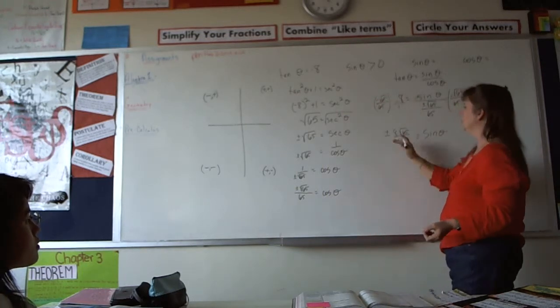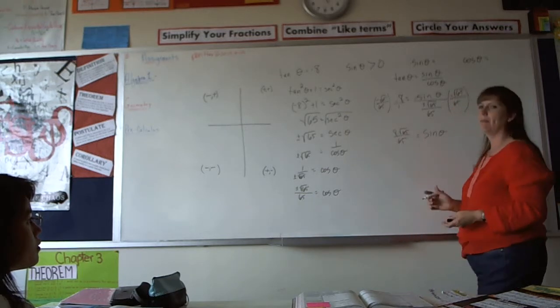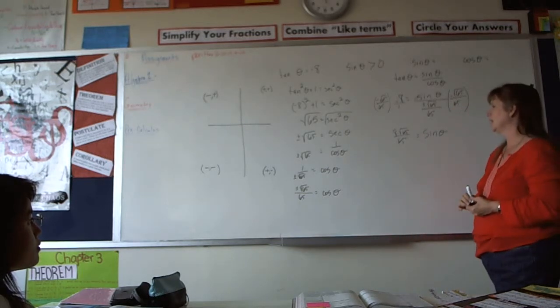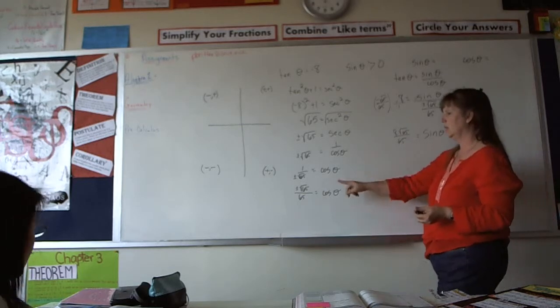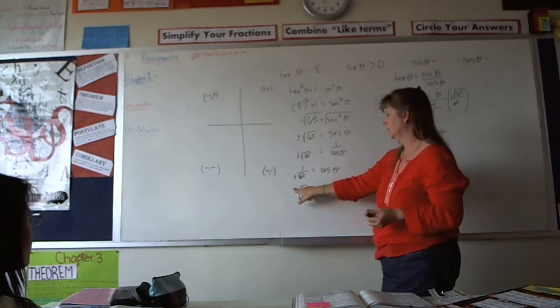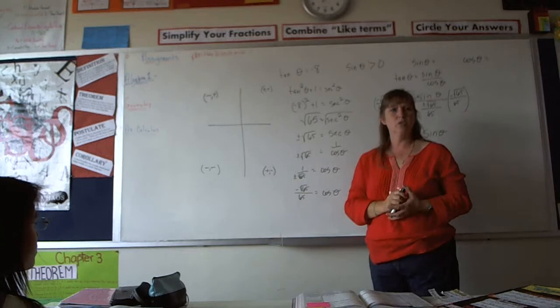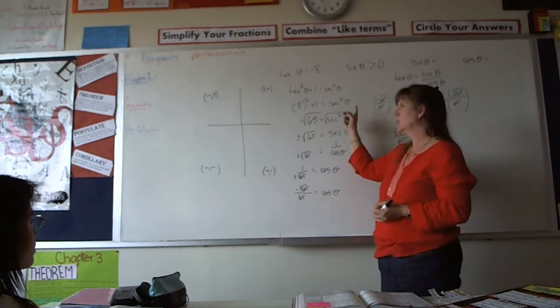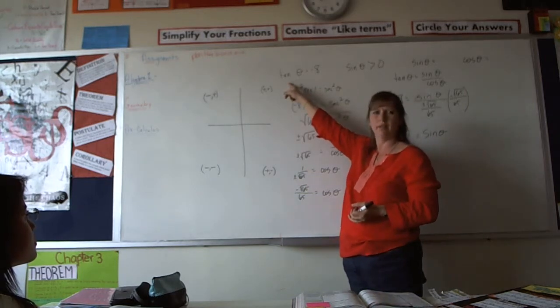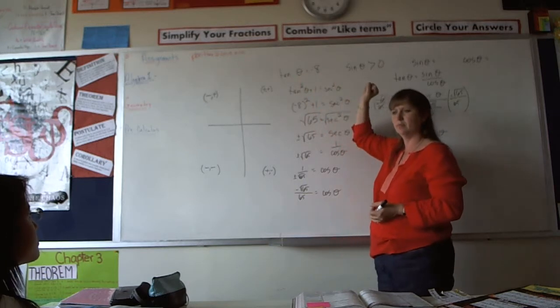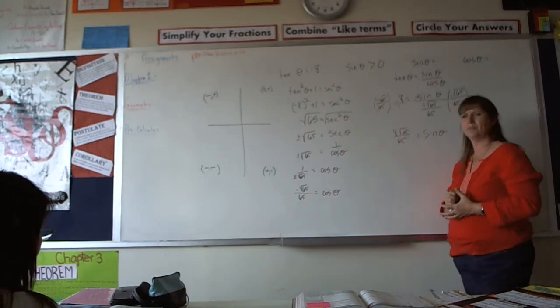Negative and negative gives you only positive for the sine of theta. This one's positive, this one becomes only negative. So you've got to work through your quadrants when you're talking about tangent and you've got a negative involved. Okay, questions about this one?